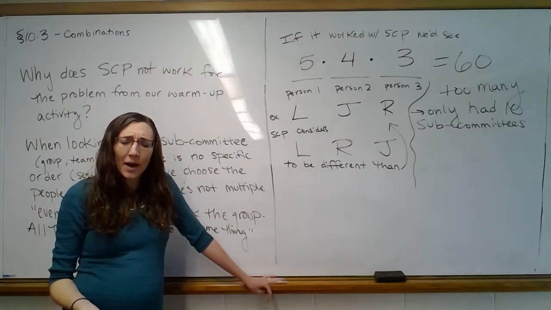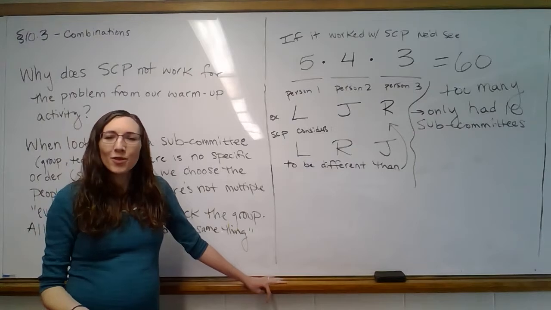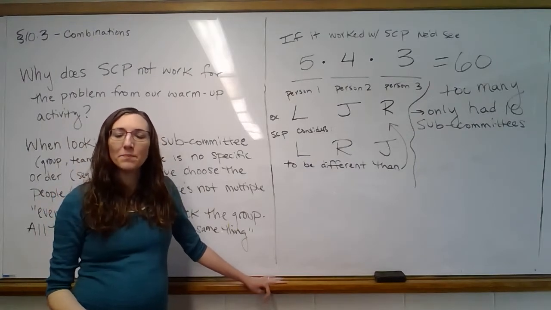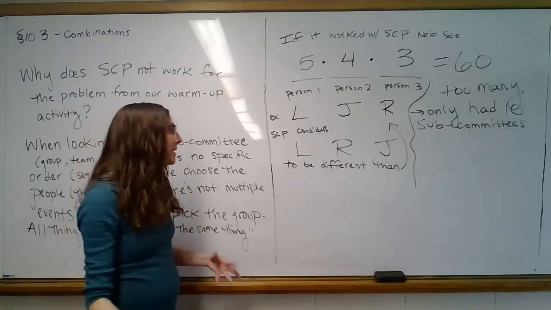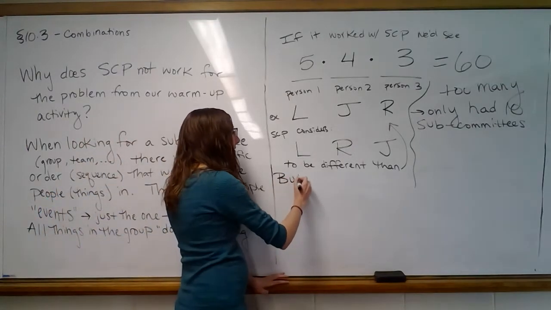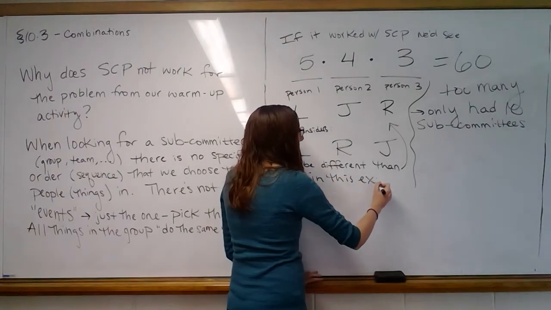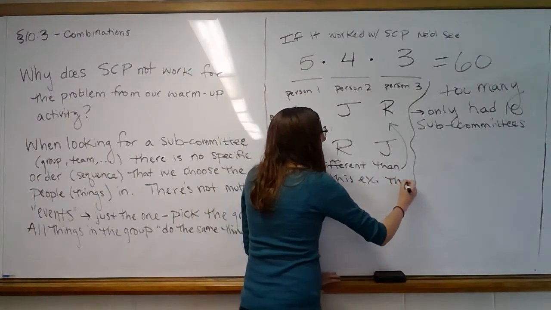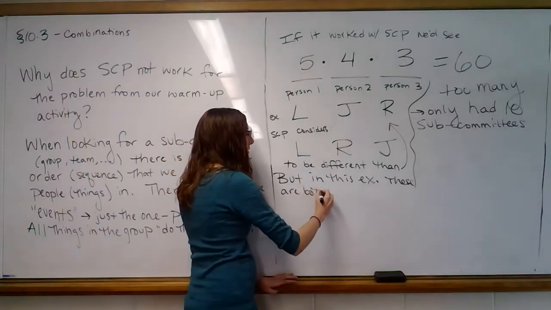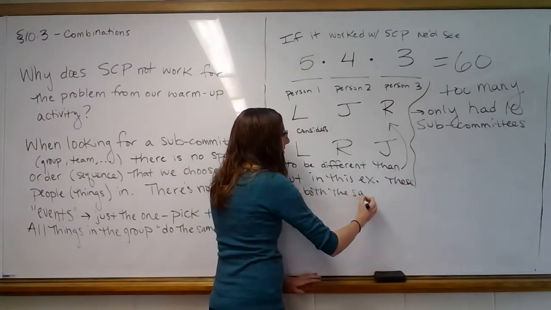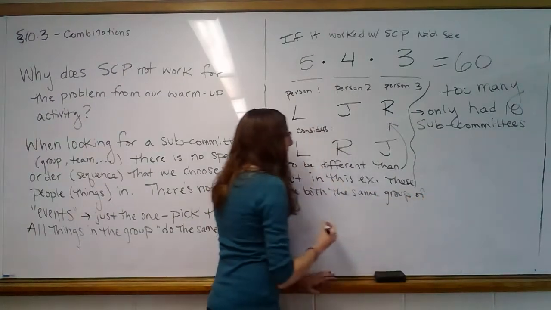But if we think about it, if they're just a committee of people, those are the same committee of people. As a group, they're the same group of people. So in this example, these are both the same group of people.